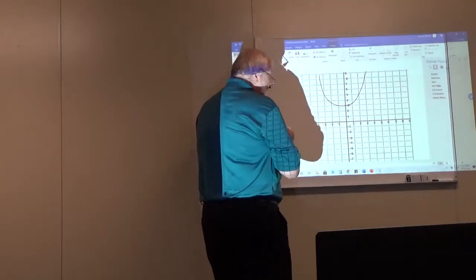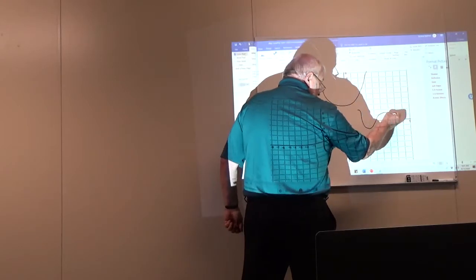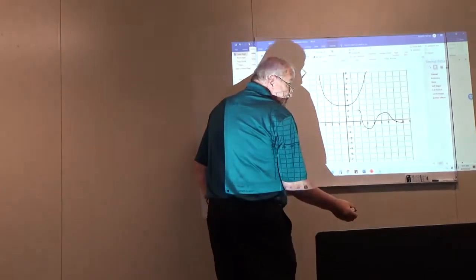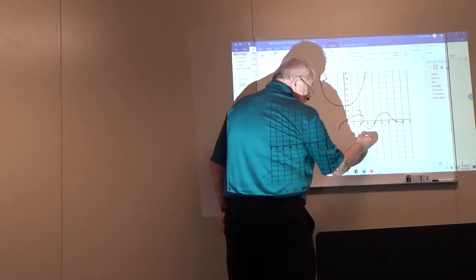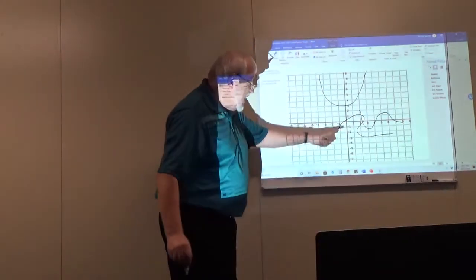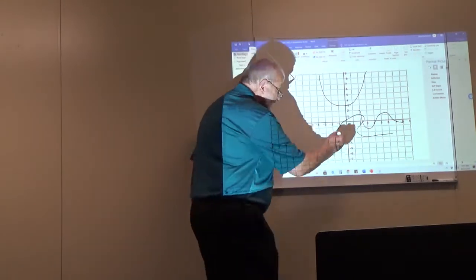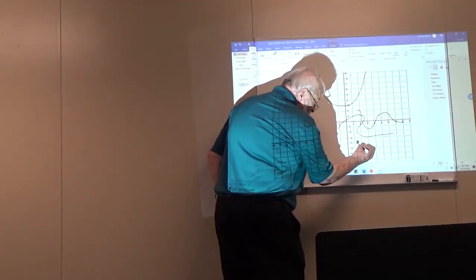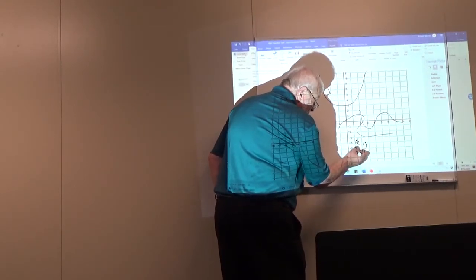However, if I give you something like this, that's a function because it passes the vertical line test. But if it went like this, that would not be a function because it fails the vertical line test. And in this case, I would have 2, 1. I would have 2, -1.